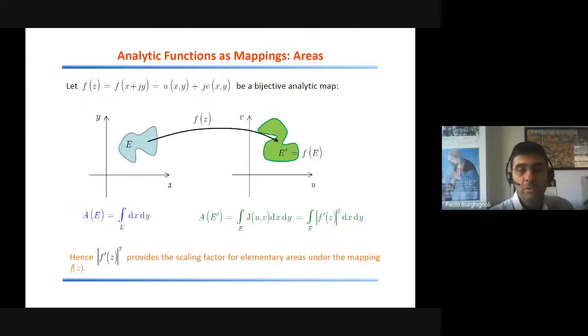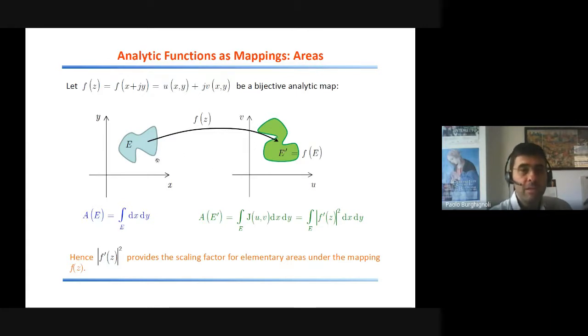We can also consider areas. In this case, you consider, for example, a set E, a measurable set of the complex plane Z, and its image under the analytic map f, which we will call E prime.